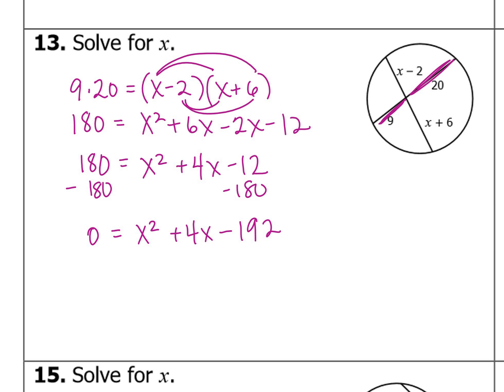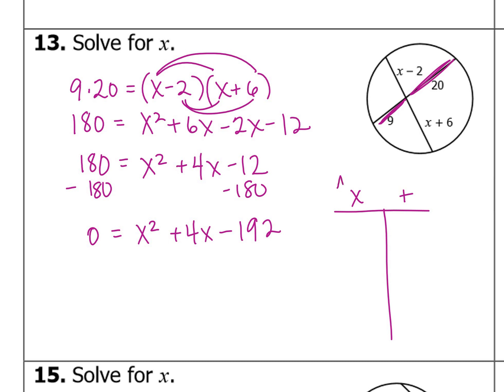Now what we have to do is remember how to factor. We need something that's going to multiply to make 192 and add to make 4.